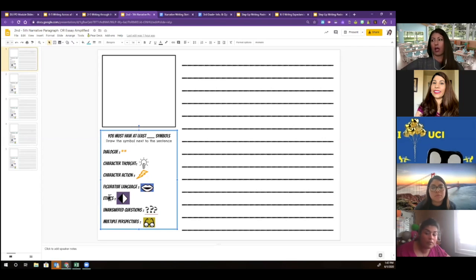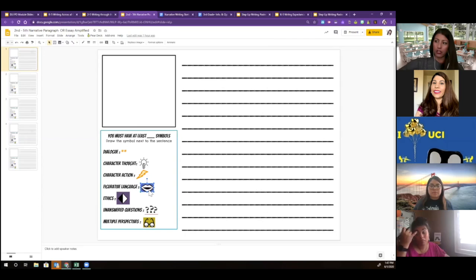I also wanted to let you know that on our last module, module 10, you're going to see these little icons again. Starting with figurative language, you'll see the lips, and for ethics, you'll see the black and white diamond, the question marks for unanswered questions, and the eyeglasses for multiple perspectives. These 4 icons have to do with our 8 icons.